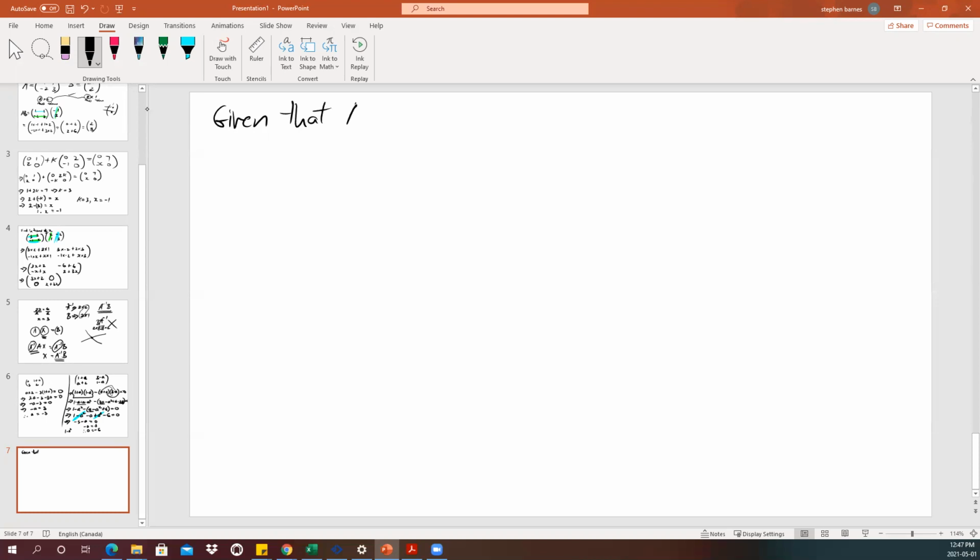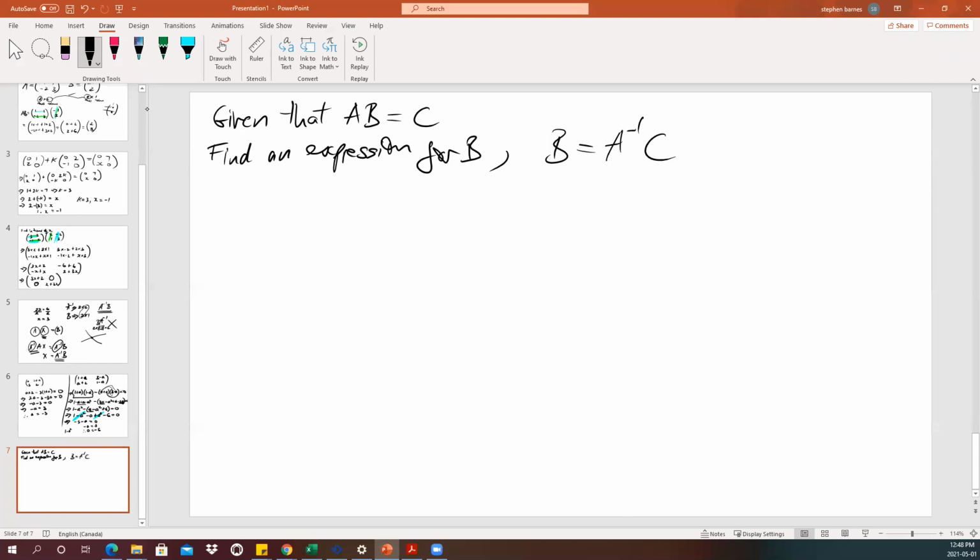Given that AB equals C, find an expression for B. Right, so not a typical question. So all I did was to say, okay, B is just A inverse C. And I call it a day.